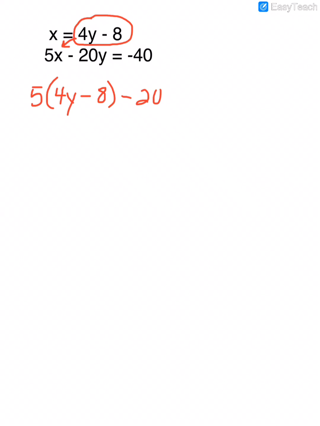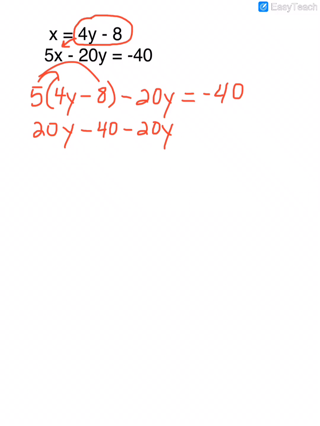Then I have minus 20y equals negative 40. All right, so I need to distribute the 5. That gives me 20y minus 40 minus 20y equals negative 40.